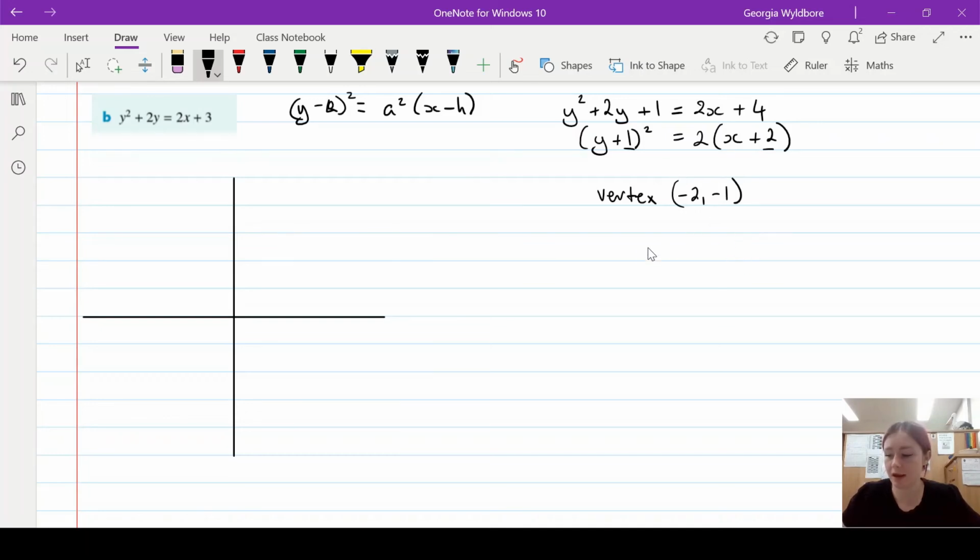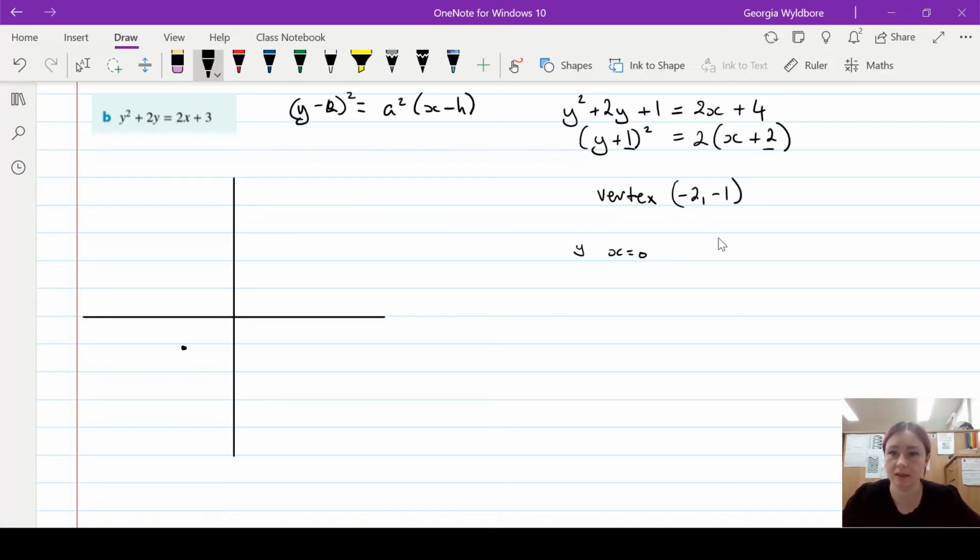And then we just need to work out our intercepts. Because we know that the vertex is going to be down here somewhere, we know because of the shape, we're going to have 2 y-intercepts and an x-intercept. So let's work on those y-intercepts first.